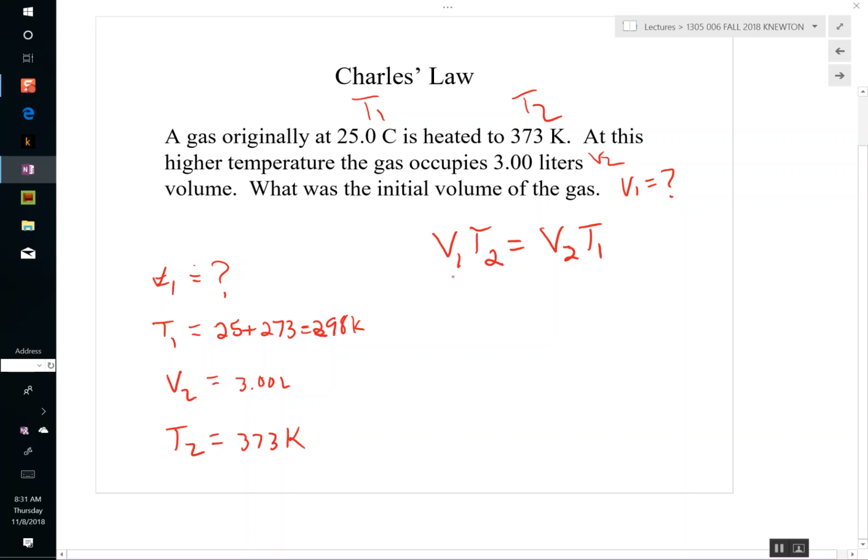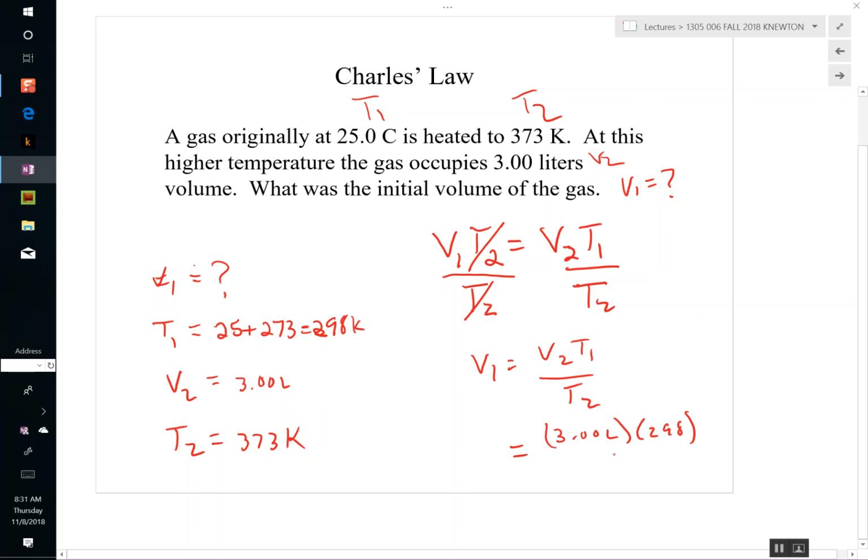We want to know V1. So we need to divide this side by T2 and this side by T2. And it gets my V1 all by itself. And what's the answer to that? That's coming out as 2.40. 2.40. 2 what? 0.40.